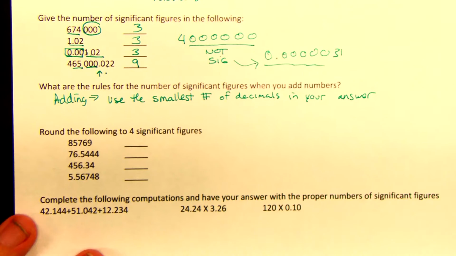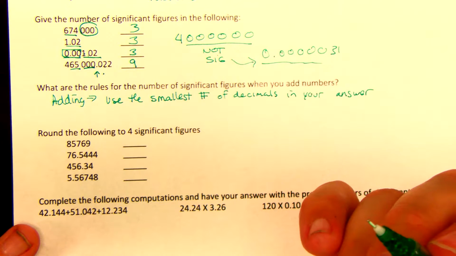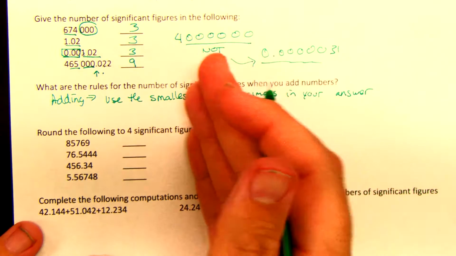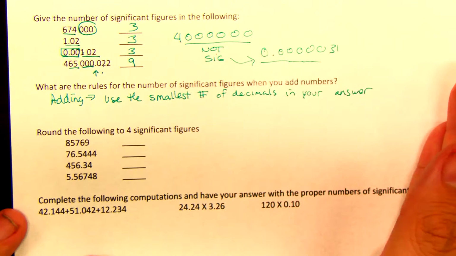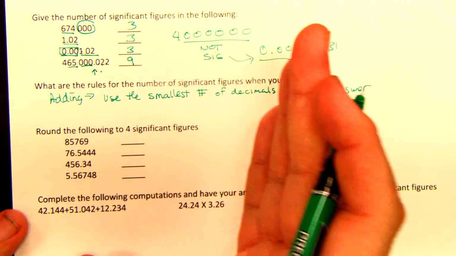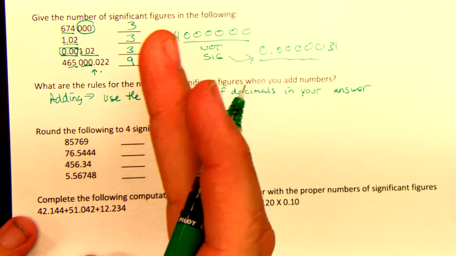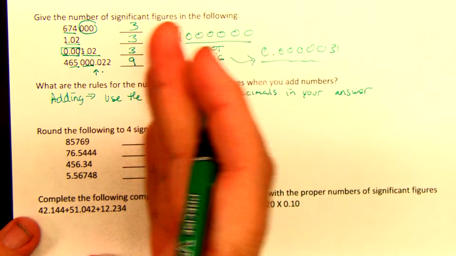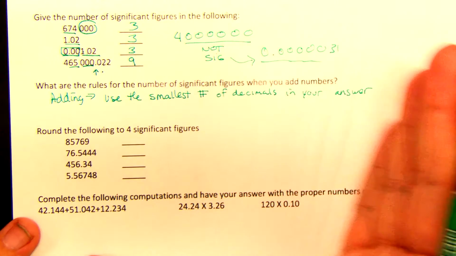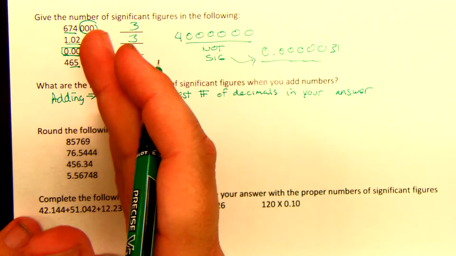So you're going to use the smallest number of decimals, whatever that is, in your answer. So if there's 1 decimal, then 3 decimals, and 10 decimals, you're going to use 1 decimal. So you're going to use the smallest one. Basically, you're limited by the one that is the least accurate measurement, and a tenth is less accurate than a hundredth or a thousandth or something like that. So we have to go to the tenths, and we're stuck there.